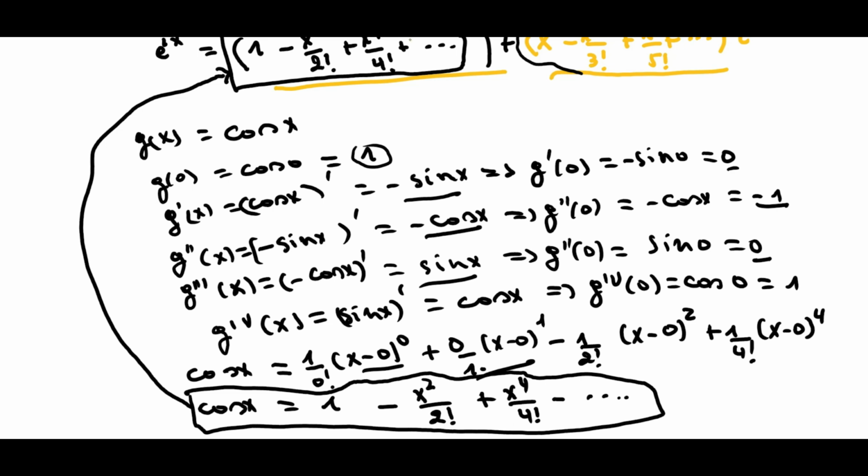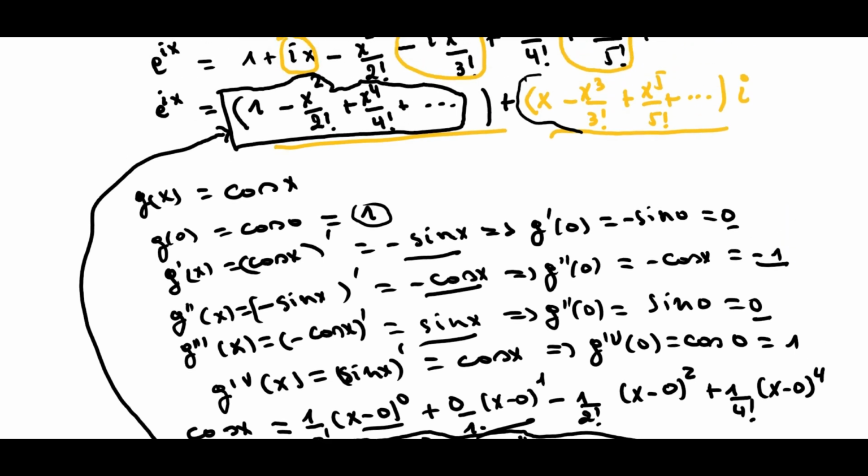In a similar way, you can go ahead and expand sine x, and if we expand sine x, you will end up getting this imaginary part. This is equal to sine x, and this real part is equal to cosine x.